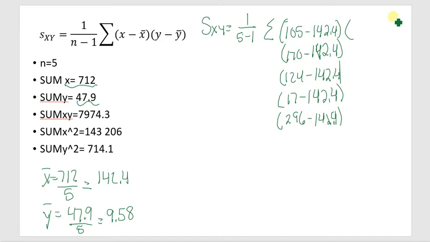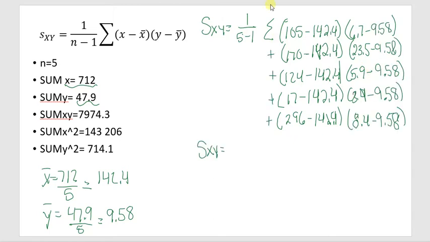Okay, now the Y's. 6.7 minus, 23.5 minus, 5.9 minus, 3.4 minus. I'm just going to write this out. Okay, here we go. This is every single Y value.